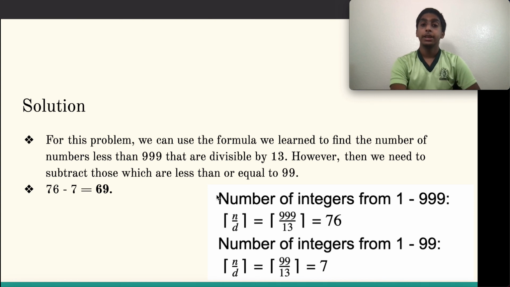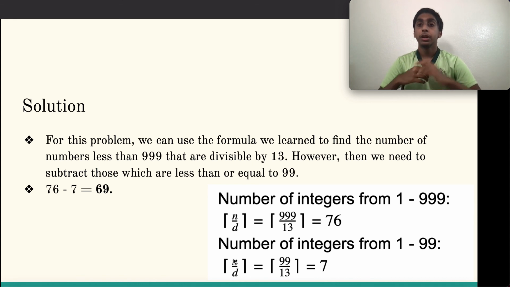As you can see here, I've written it out using the formula. The first one says floor function of n over d, and for this one we're trying to find it for 999. So 999 over 13, and the floor function of this is going to give you 76. Now you would do the same thing, but this time for 99. So the floor function of 99 over 13 is going to be 7.